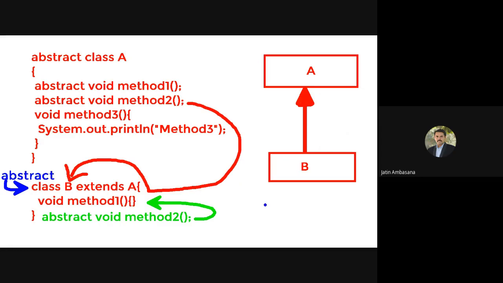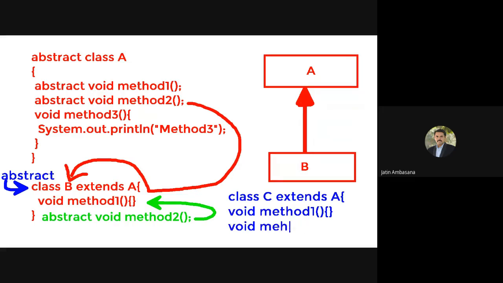Got the point? Now suppose you have a class, something like this, class C extends A. Now if you implement both the methods, void method 1, let's say with an empty body, and void method 2, then also this class is valid.